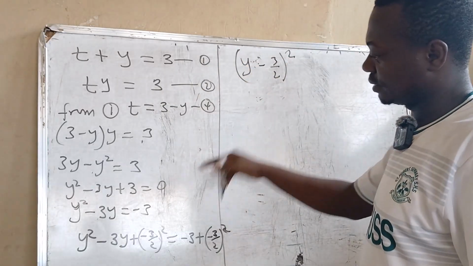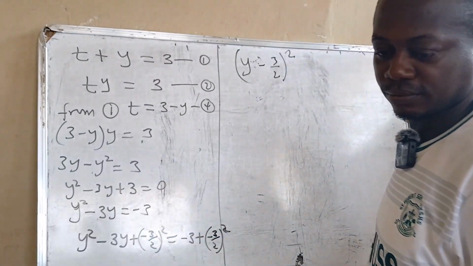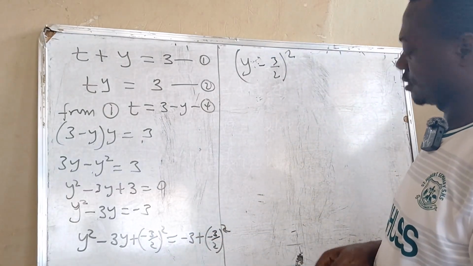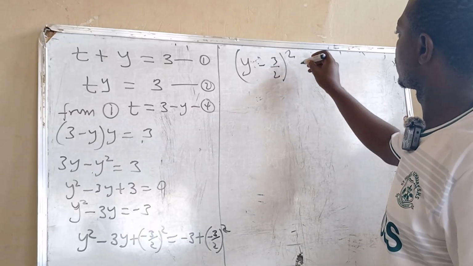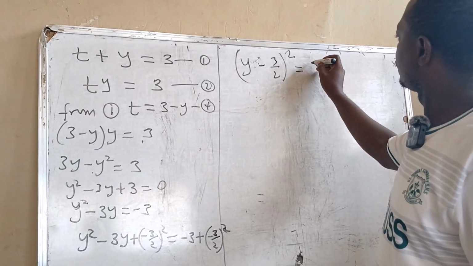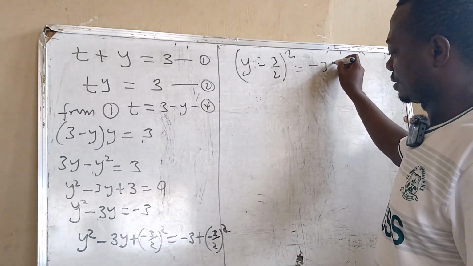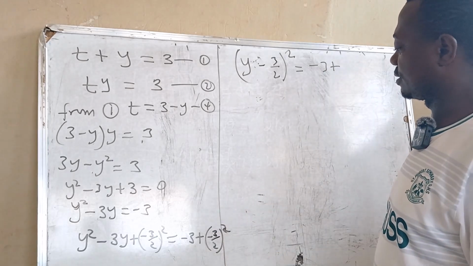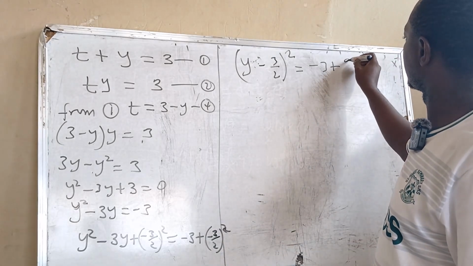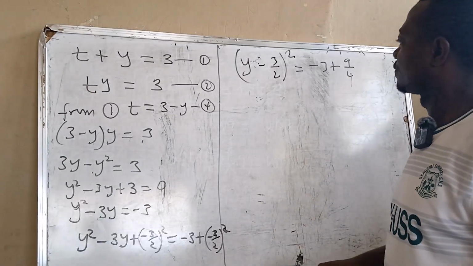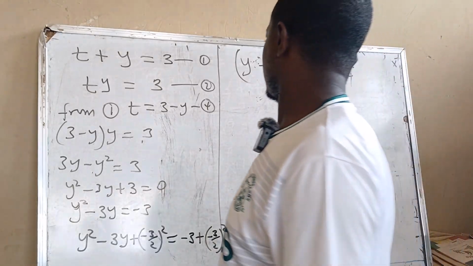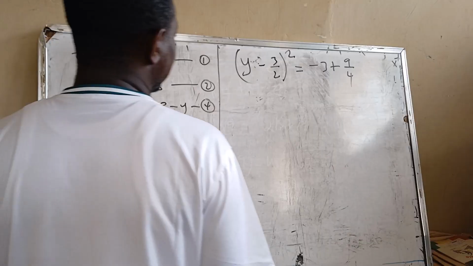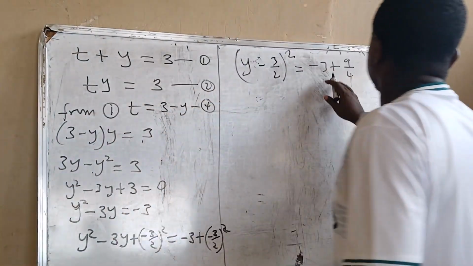Now, when we expand this, you get this one. Equals, so we have minus 3 plus, let's square this. That would be 9 on 4. As simple as that. Now let's deal with this side.